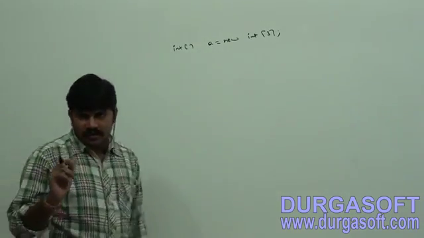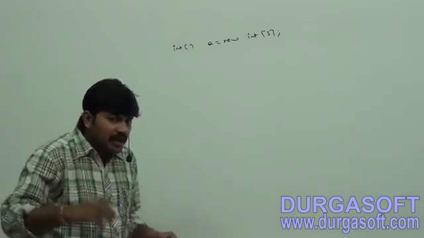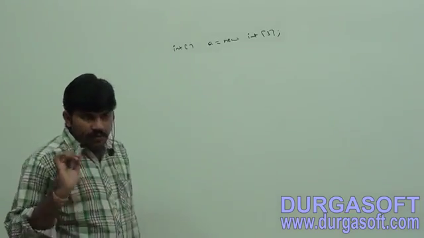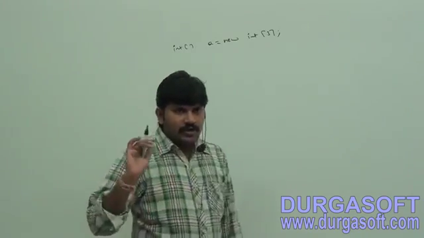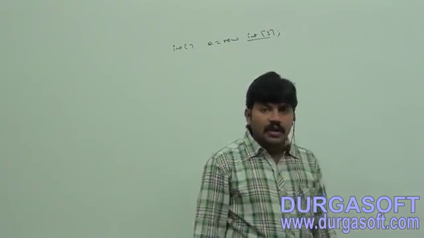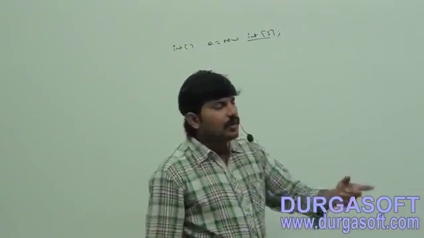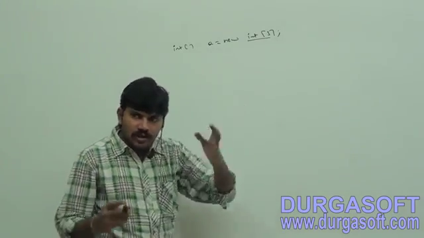Sir, here I have one doubt. Usually, how can we create an object? By using the new operator. But we can create arrays also by using the new operator, right? Can I use the term that an array is also an object? Because if an array is not an object, then how can you create it by using the new operator? The new operator can be used to create objects.